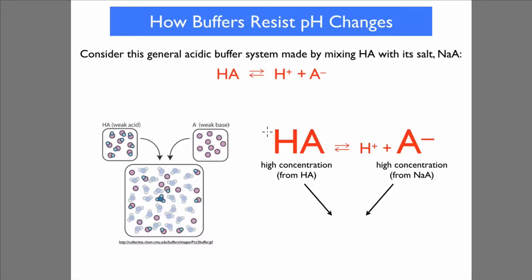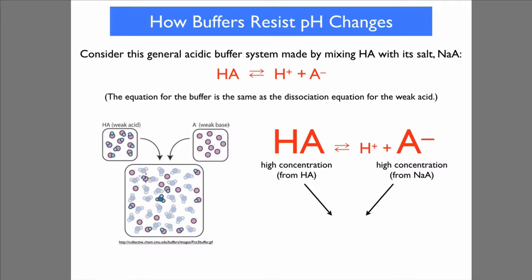Consider this general acidic buffer system made by mixing HA with its salt, NaA. The equation for the buffer is the same as the dissociation equation for the weak acid. You can see here we're adding some weak acid molecules and weak base, the anions, and you get a mixture of them in solution.